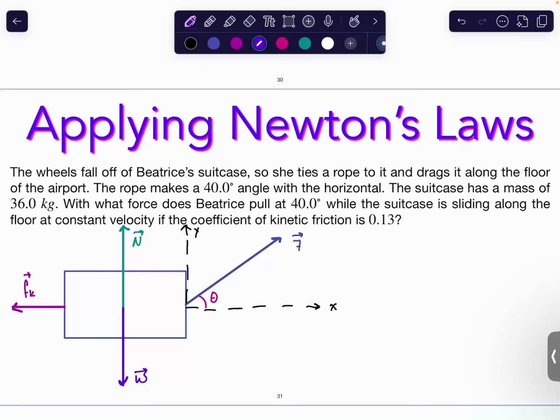So then we can start looking for our components. Now, of course, she's dragging the suitcase with cord. We don't have to really worry about tension because this applied force vector, you can either call it tension or applied force. We solve for the same thing.